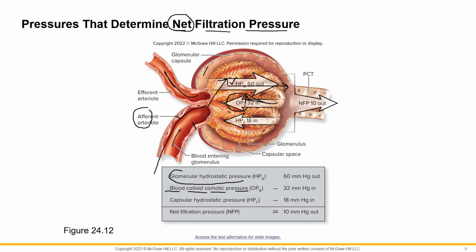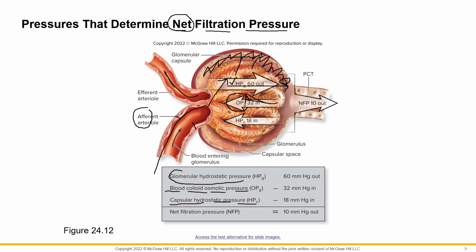Now, this space right here is your capsular space, right? As fluid is squeezed out from your fenestration slits, this capsular space is going to start getting filled up with filtrate. And as a result of fluid filling it, there's a pressure that builds up.